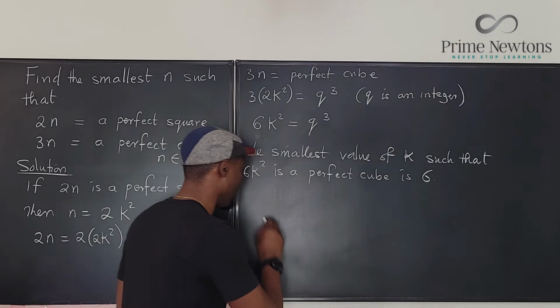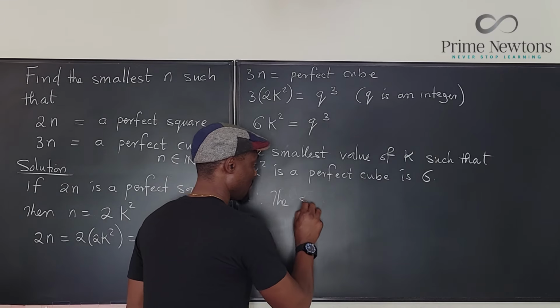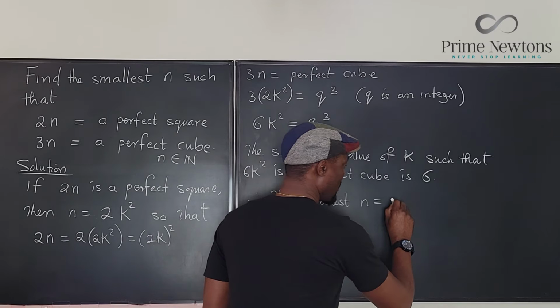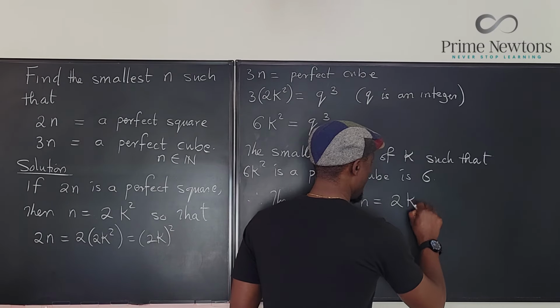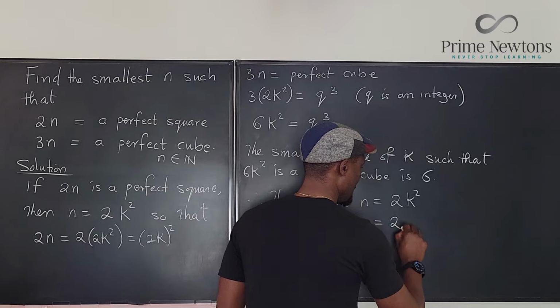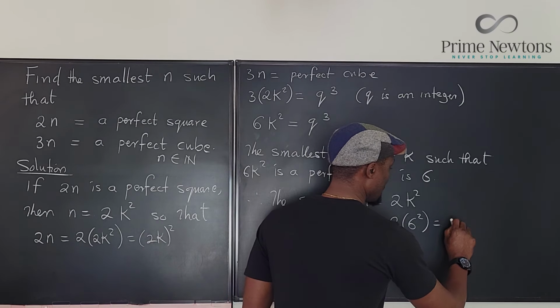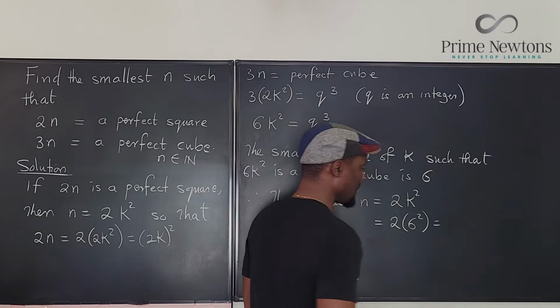So I can say, therefore, the smallest n equals 2k squared, which is equal to 2 times 6 squared, which is equal to 2 times 36, which is 72.